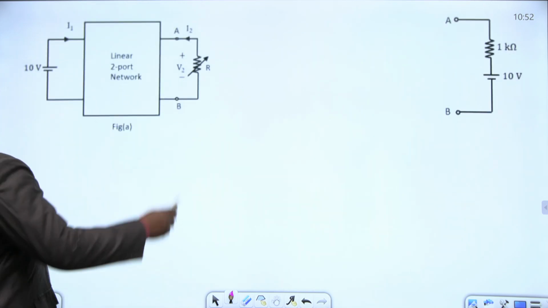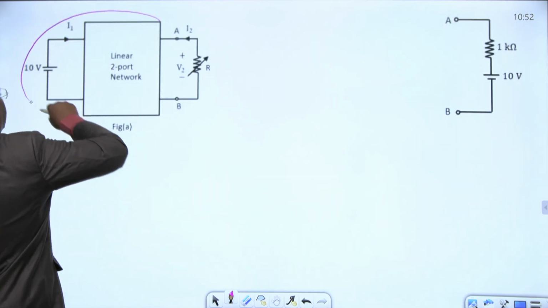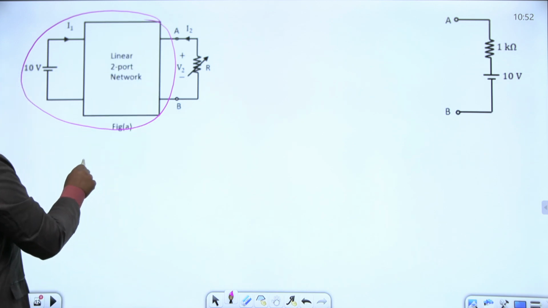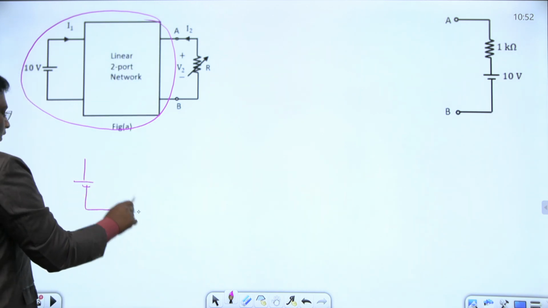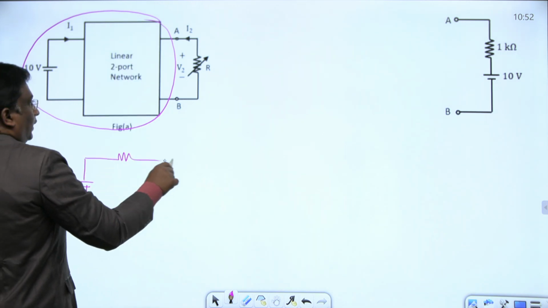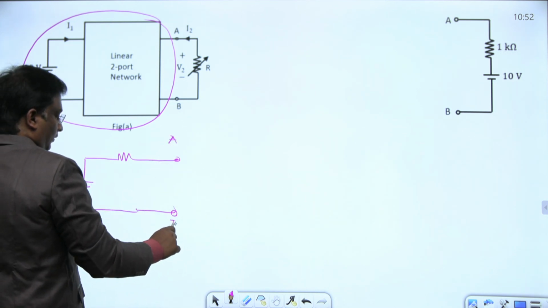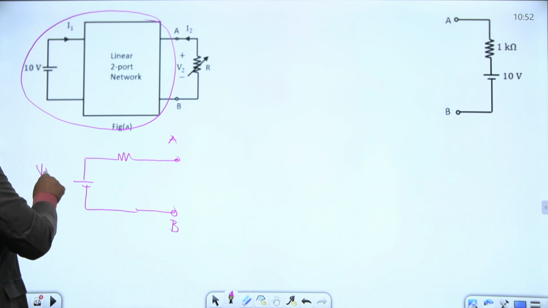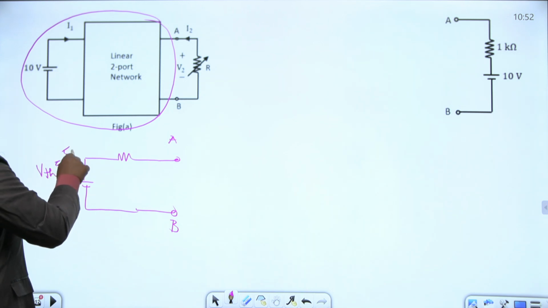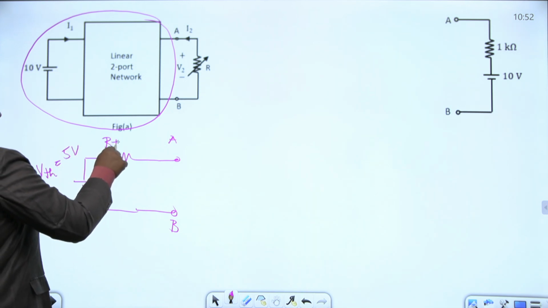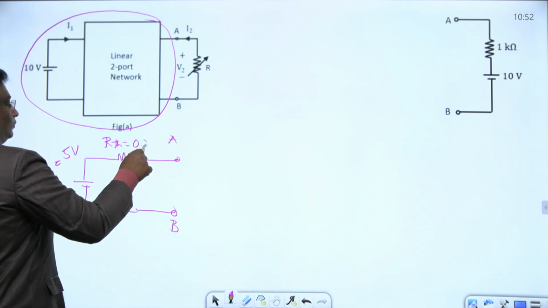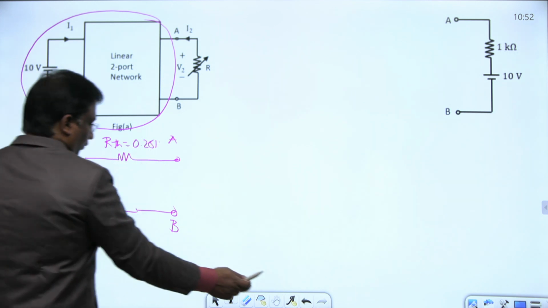Therefore, this entire network can be replaced by its Thevenin equivalent. What is the Thevenin equivalent? VTH in series with RTH across the terminals AB. What is the value of VTH here? We got 5 volts. RTH here is 0.25 kilo ohms.